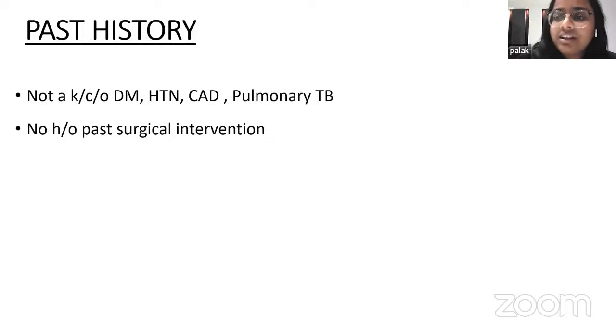For example, in case of any cardiac disease, has the patient undergone any previous bypass surgery or any graft surgery? Or in case of limb disease, has he undergone any? Palak, be more specific. You just can't say past surgical intervention and let me figure out what you mean by it. Okay, next slide.